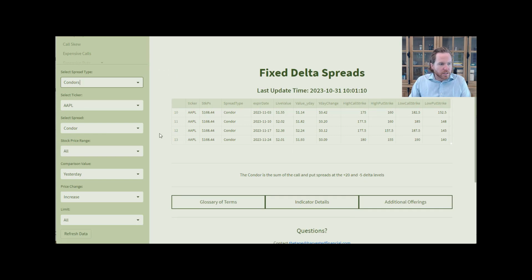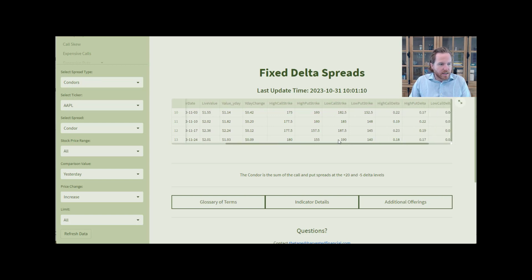Finally, condors. So the condor structure, as a reminder, is technically the iron condor here, where we look at the call spread and the put spread. We take the 25 delta call spread and the 25 delta put spread on the downside, and calculate that price. And so again, it'll show all the different strikes here.